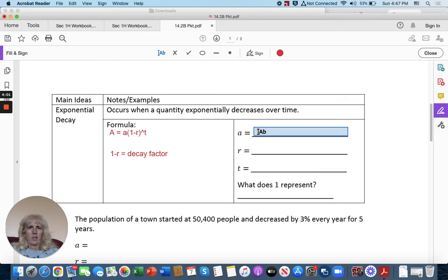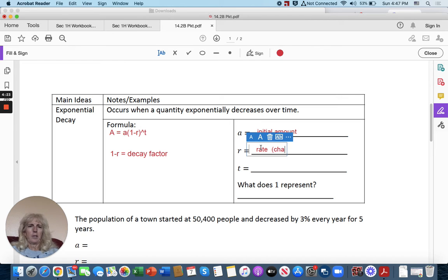Okay, so again, the A is initial amount. That's how many you started with, or how much money you started with. R is the rate. It could be rate of decrease. It could be the interest rate.